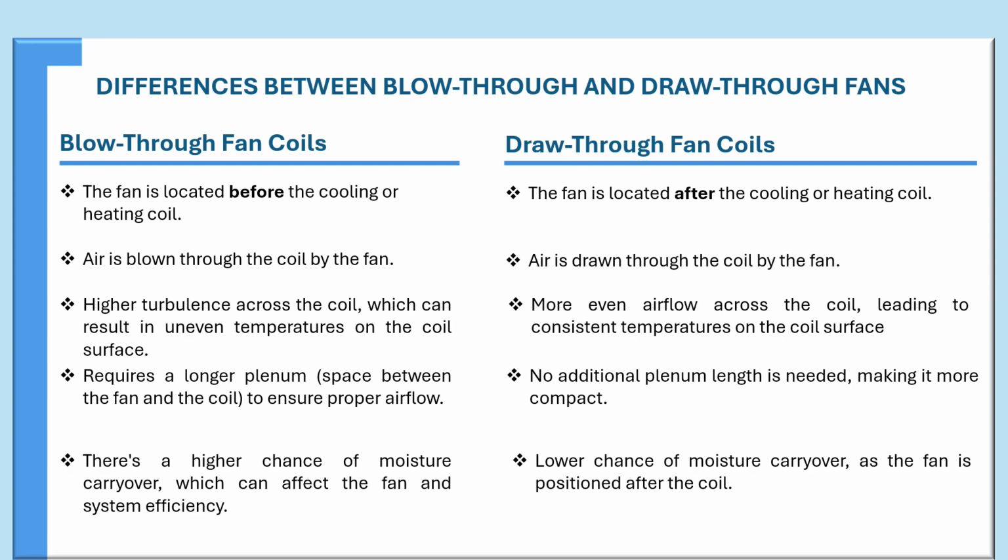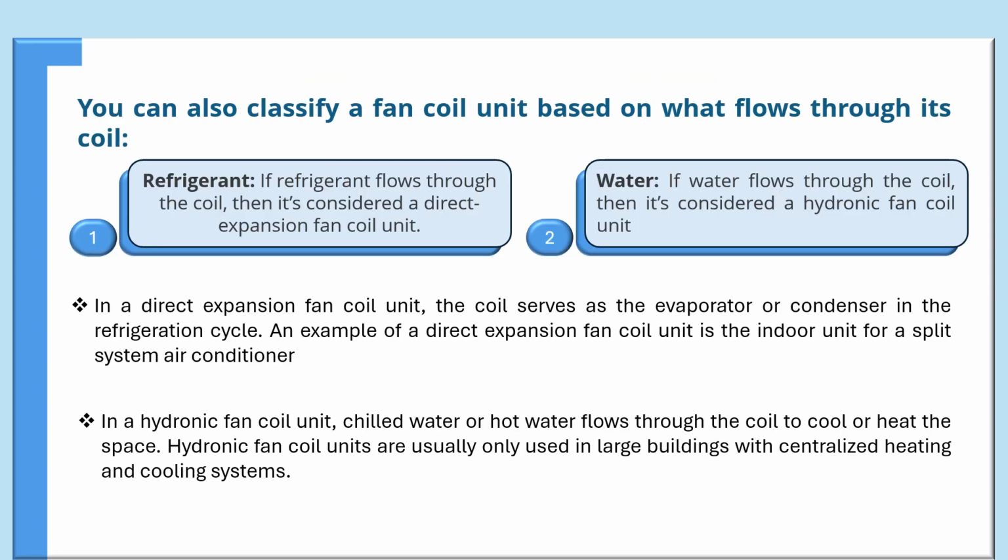Another way of classifying fan-coil units can be based on what flows through its coil. If refrigerant flows through the coil, then it's considered a direct expansion fan-coil unit. And if water flows through the coil, then it's considered a hydronic fan-coil unit. In a direct expansion fan-coil unit, the coil serves as the evaporator or condenser in the refrigeration cycle.